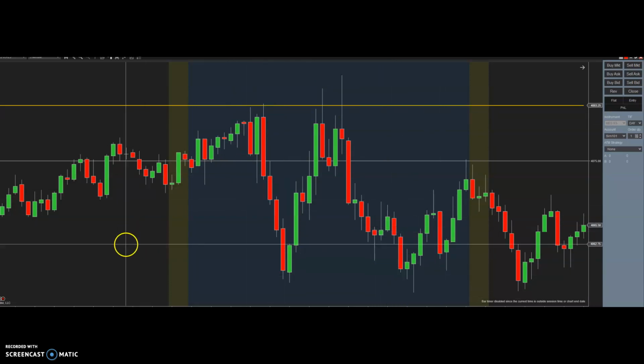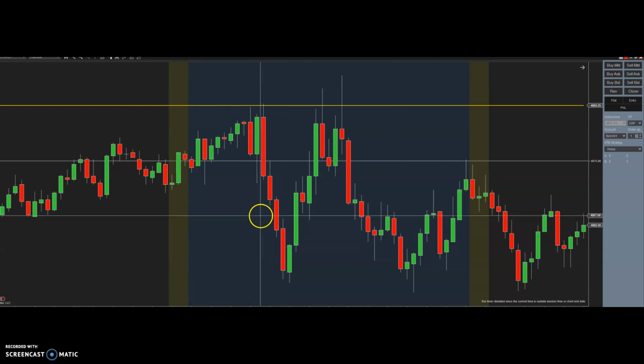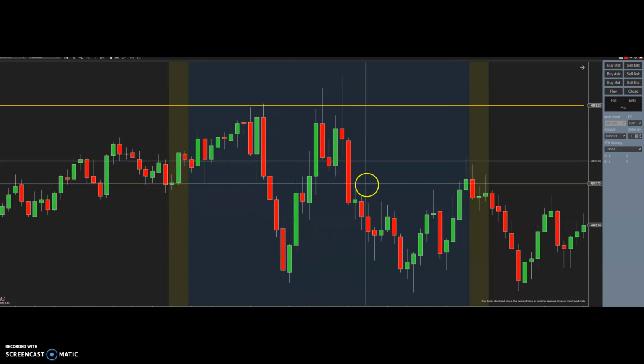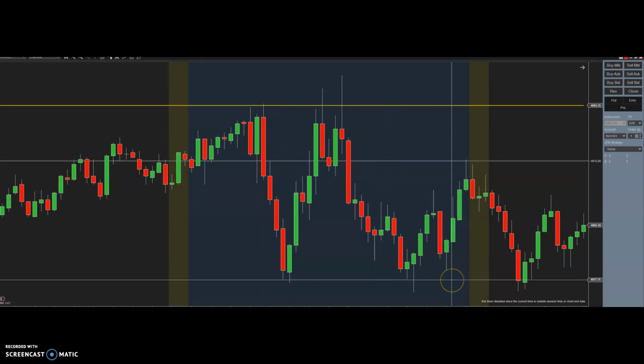All right. So my trading time is 9:30 to 12 noon. Within that time frame, I am looking for my setup to occur.